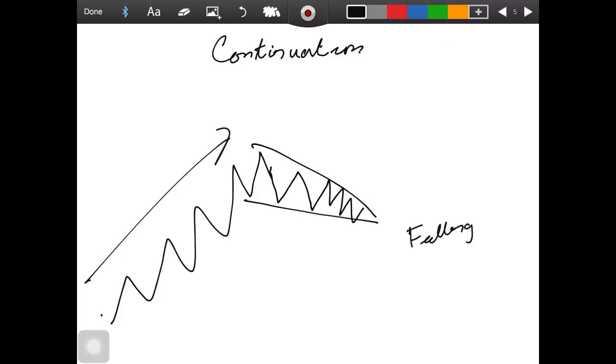Okay, a falling wedge is falling. And once your eyes start picturing a falling wedge, the next thing that should come to your mind is continuation.